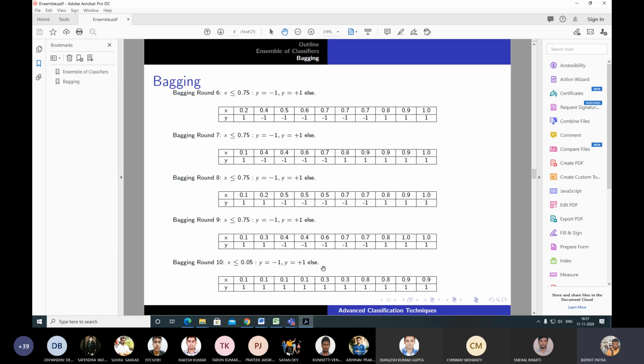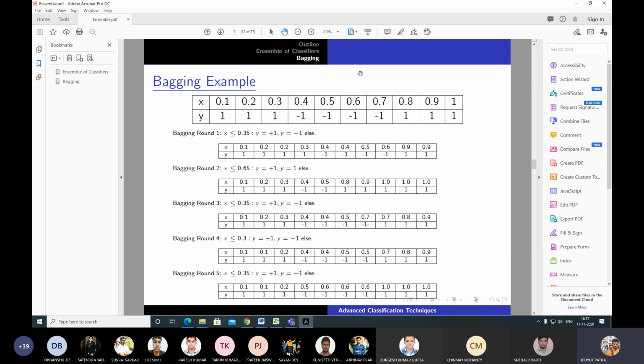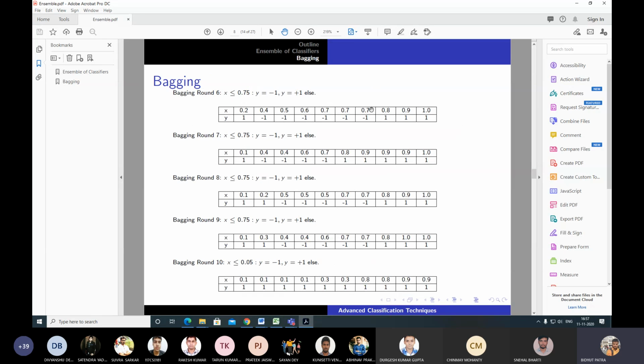The conclusion is that even if you have 10 decision stumps, no decision stump can identify the original data set. Let's say this is a decision stump for this training data set. Now, using this decision stump, you identify the class label of the original data set. The decision stump is 0.75. You move 0.75 here. Can you identify the class label for 0.75?